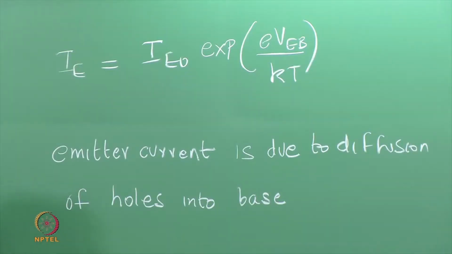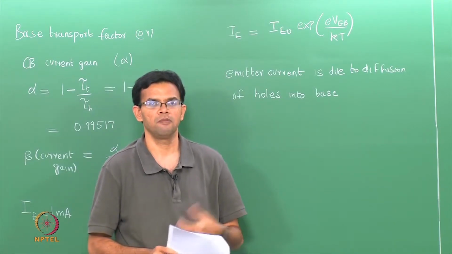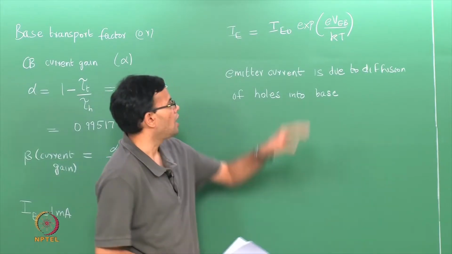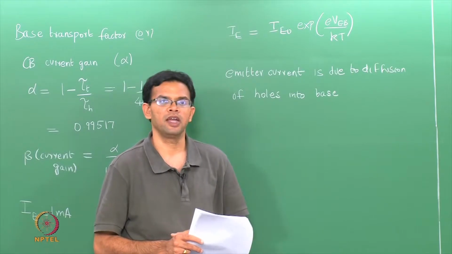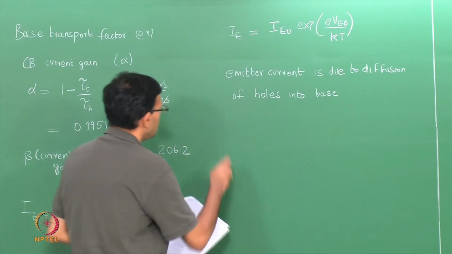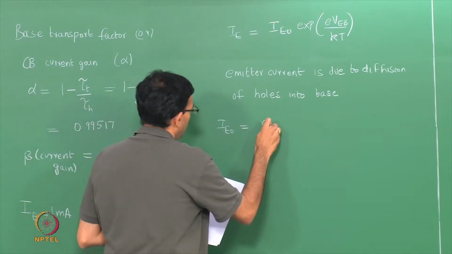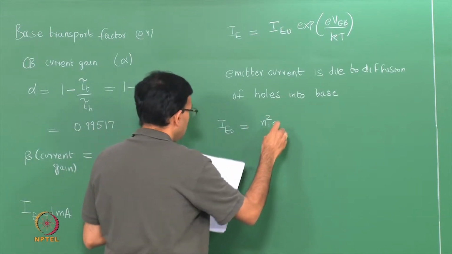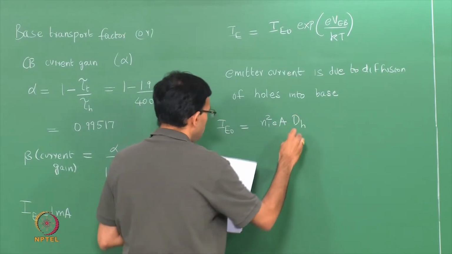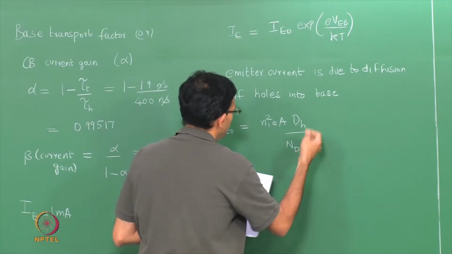So, IE naught. If you look at this expression, this is very similar to the expression that we got for a PN junction under forward bias. In that particular case, it was I naught exponential eV over kT, where there is a minus 1 term, but usually that can be neglected. So, in this particular case, IE naught is equal to ni square e times the cross sectional area A times dH over Nd times Wb.